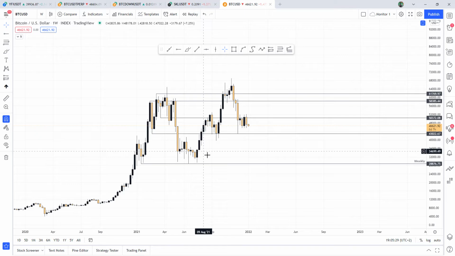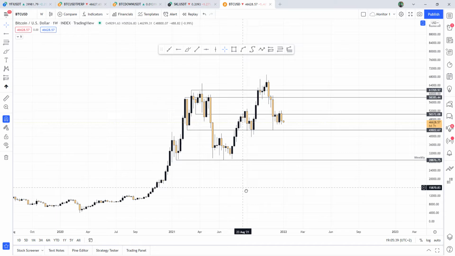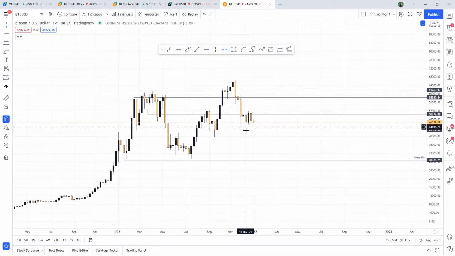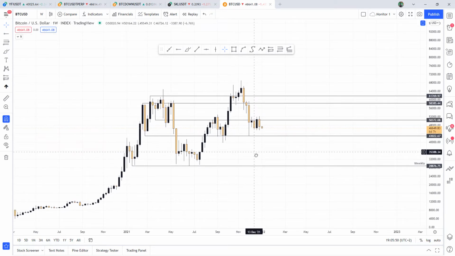This is just the basics, but we're going to go in depth more and more, okay? Support and resistance levels identify price points on the chart where the probability of a pause or reversal might happen, okay?